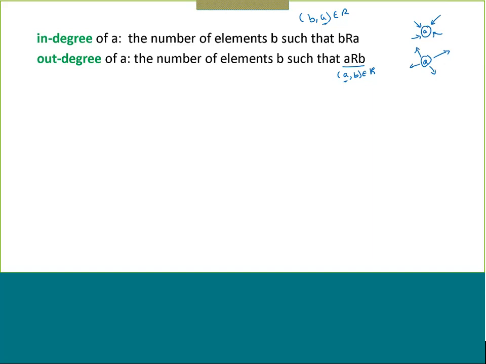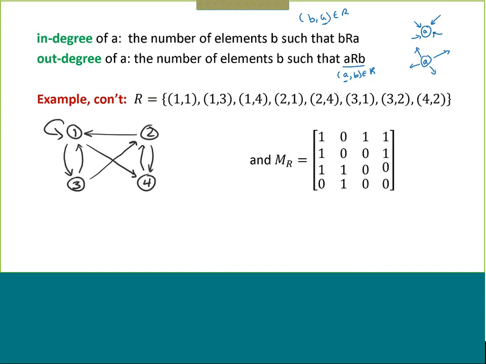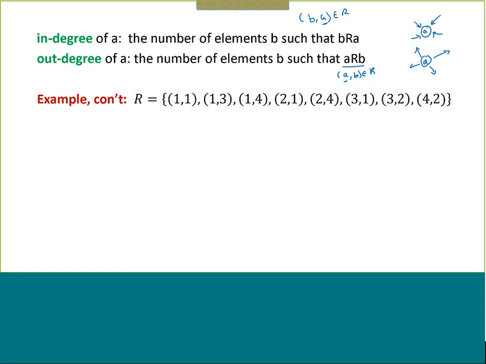Note, if you add the in degree and the out degree together, that would be the total arrows that are touching your graph, with some exceptions dealing with loops. Okay? So let's look to see how this would occur in your actual relation. So if we take the exact same example that we had previously, so this previous example right here, and I went ahead and that was supposed to come in one at a time.